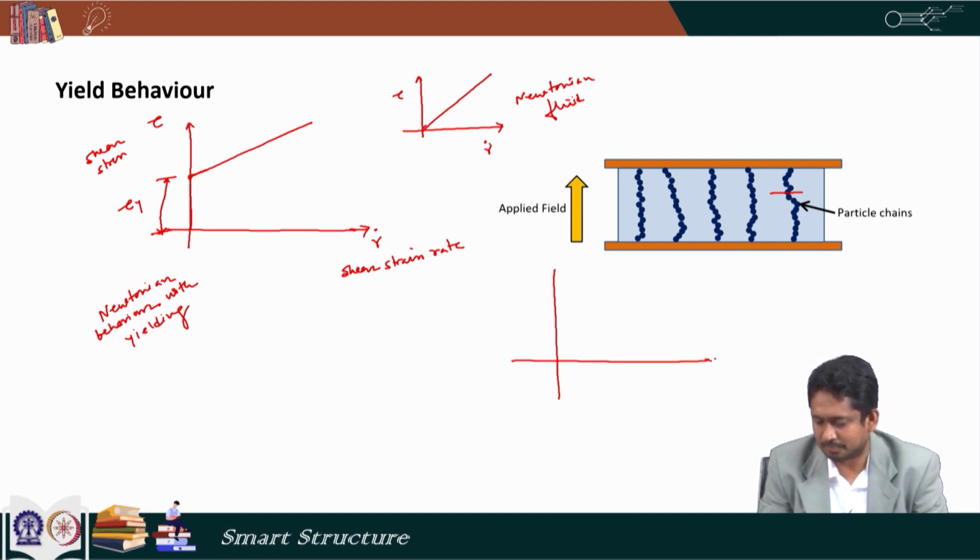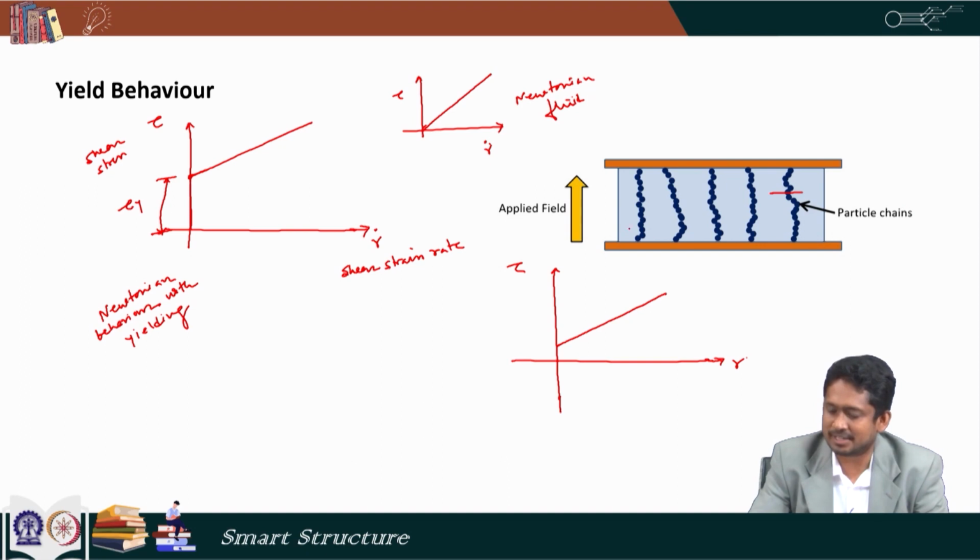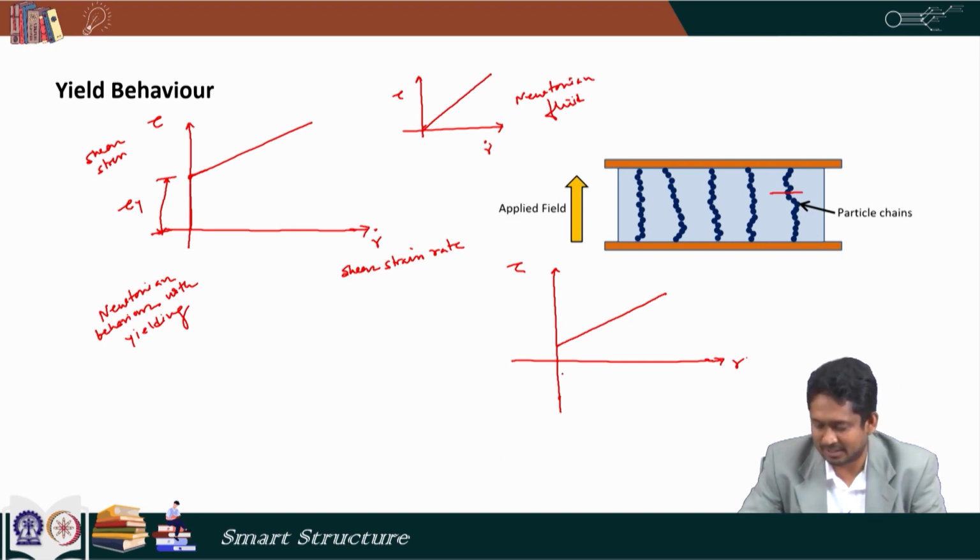So, if I plot again gamma dot and tau under a certain electric field or magnetic field, this is the tau y. Also, if I reverse the flow direction, the flow in the other direction is also possible.